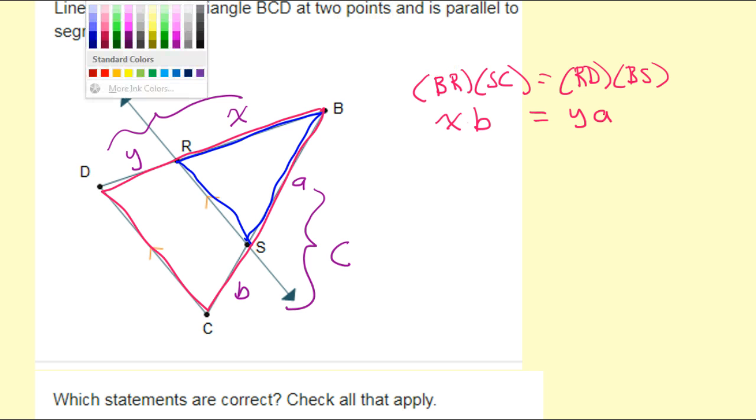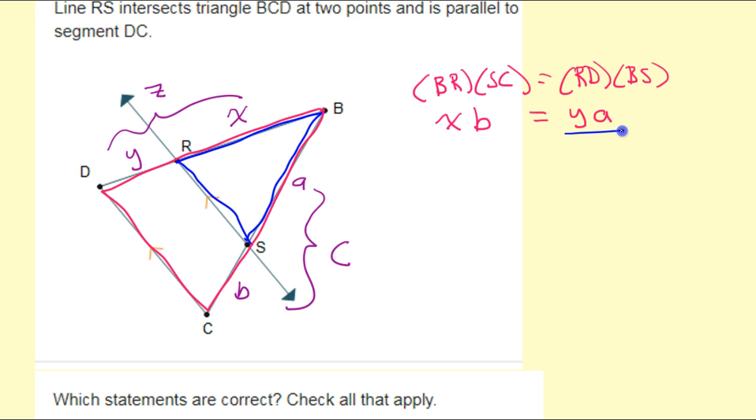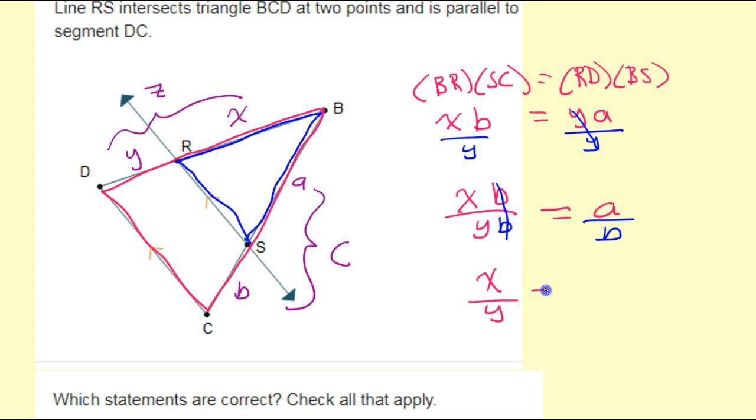So one way I could do that is to divide both sides by Y. Now I've got XB over Y is equal to A. And now imagine that I divide both sides by B. That gives me X over Y is equal to A over B. Well, that makes plenty of sense.